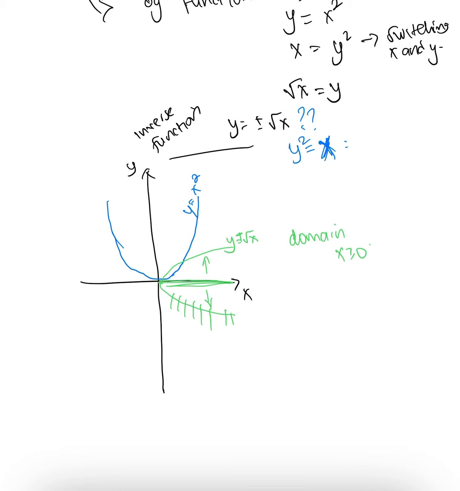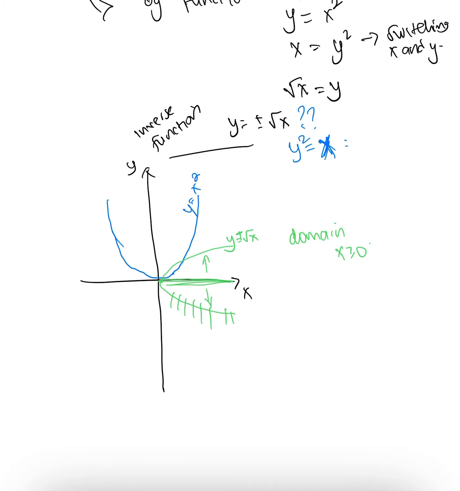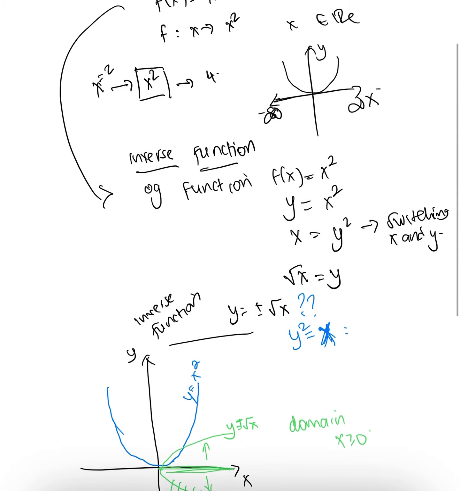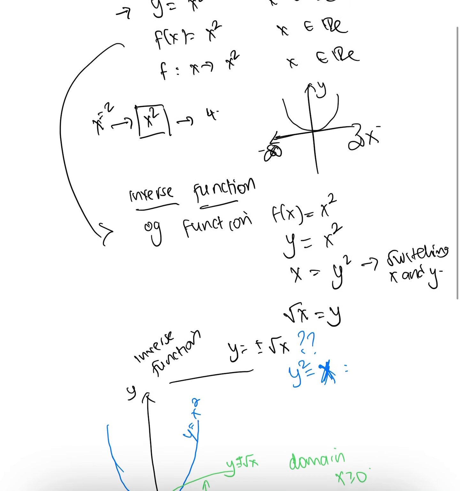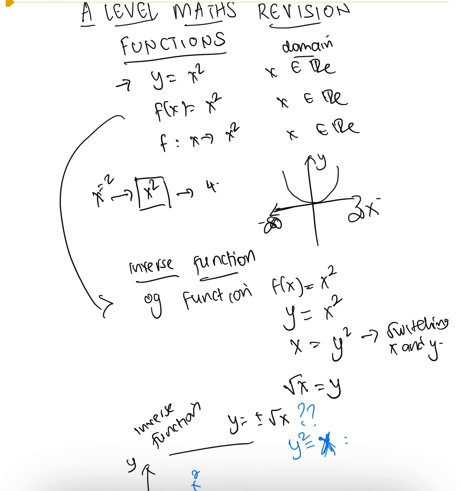But what about the range now? Let us talk about range. Beforehand, when I had y equals x squared, what was the range? Well, the range here was y greater than or equal to 0. That was the range. It was all values in the top part of this y-axis.